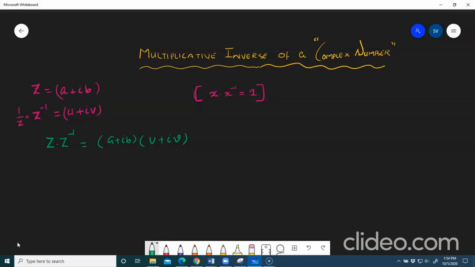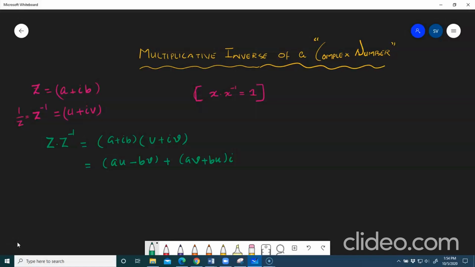So when you are combining and arranging this, the brackets will be combined in this form: au minus bv plus av plus bu of i. So this is actually the expanded form.